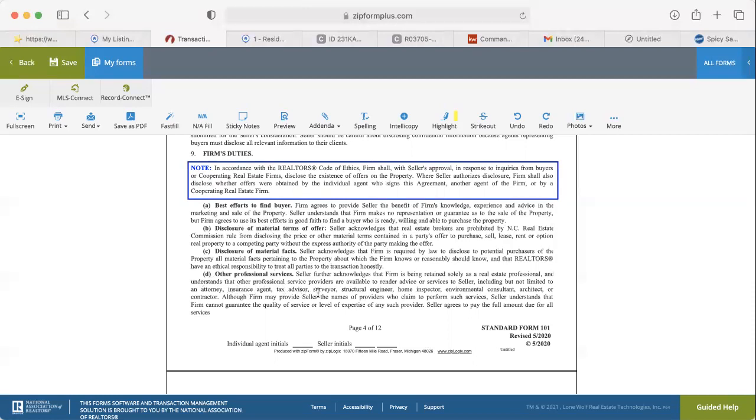And then D, I love this one because it protects you and you need to pay attention to it. It says that, Mr. Seller, you're hiring me to sell your home, to be your listing agent as a real estate professional. I am not an accountant. I am not an attorney. I am not a home inspector. I am not a surveyor.